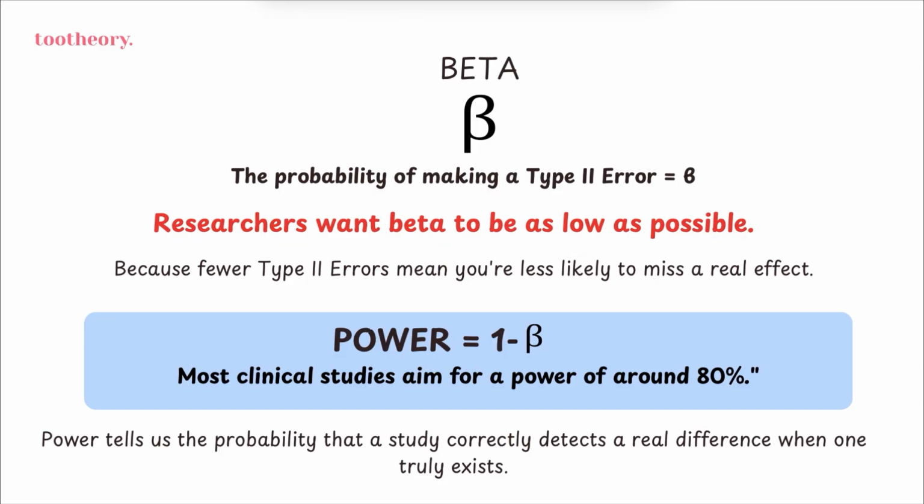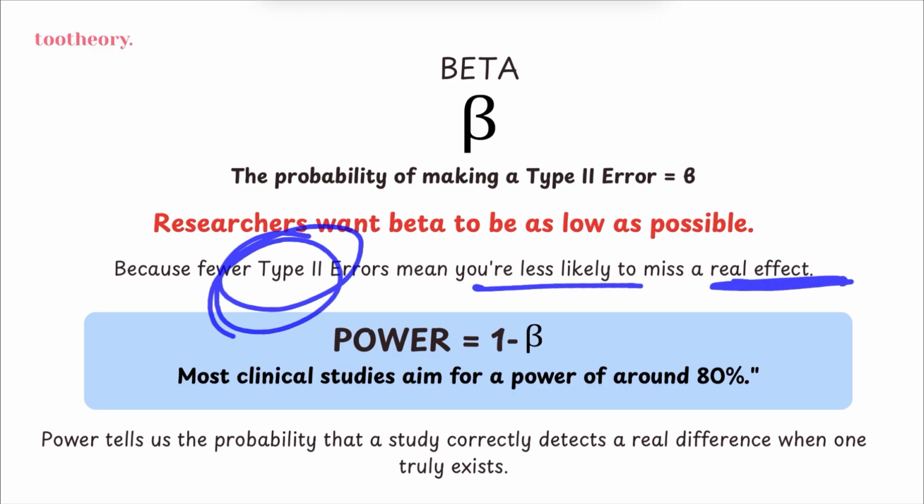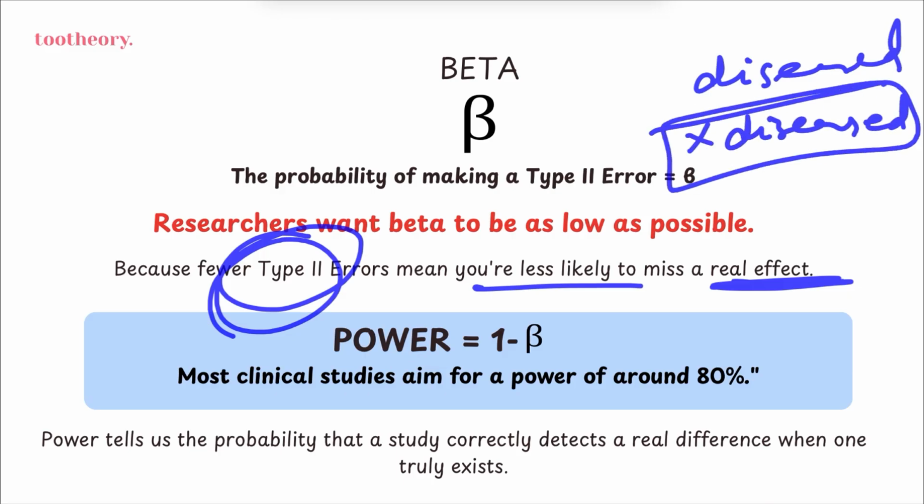Why? Because if we have fewer type 2 errors, we are much less likely to miss a real effect. For example, if a patient is actually diseased and our test says the patient is not diseased, we are missing out on detecting the disease in the patient. That means we are making a type 2 error.